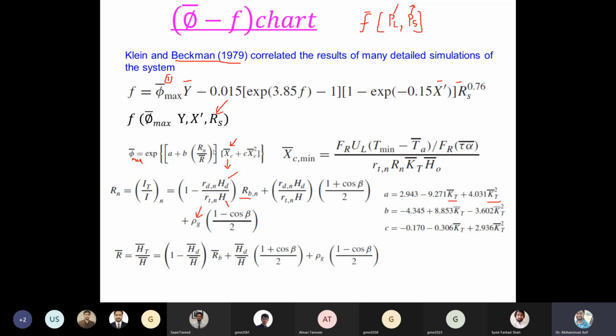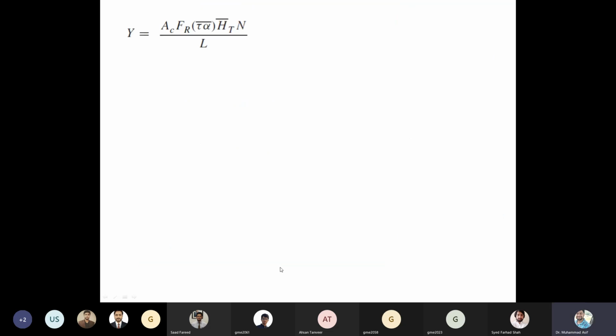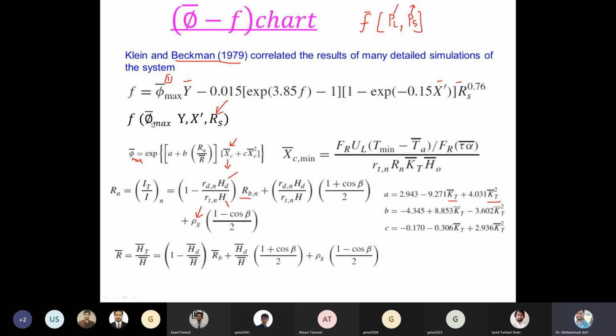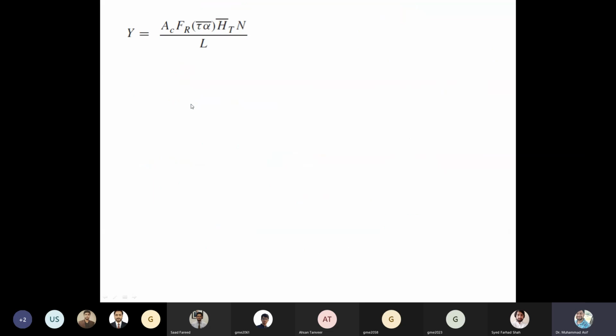And then you can also calculate the value of R with the help of this formula. And then after calculating phi max, you can calculate the value of y. Y is basically similar to PL. Sorry, PS, in case of this, it is almost similar.